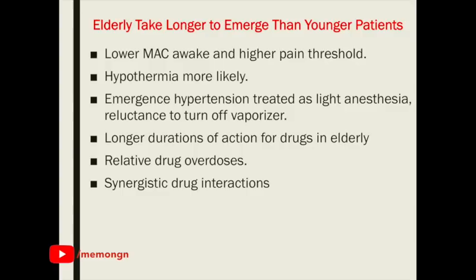What I am using and what I recommend is to use a propofol bolus, maybe 1 milligram per kg or even less than that, to manage the depth of anesthesia and turn off the vaporizer. When the patient starts breathing, we can extubate the patient. So I do it like this.